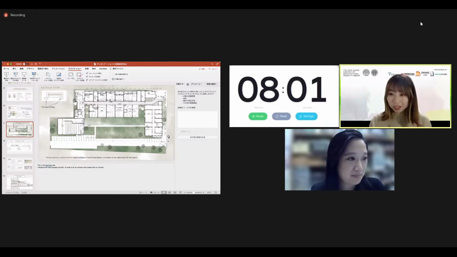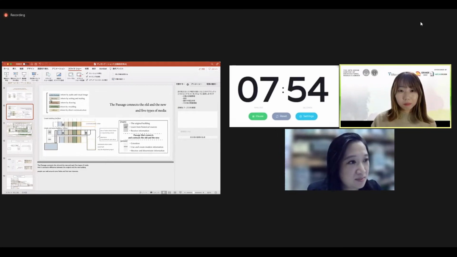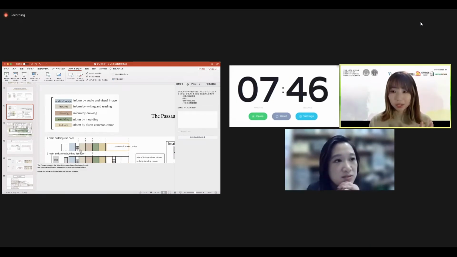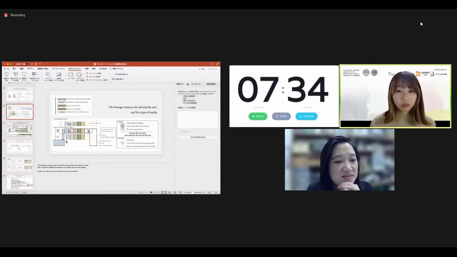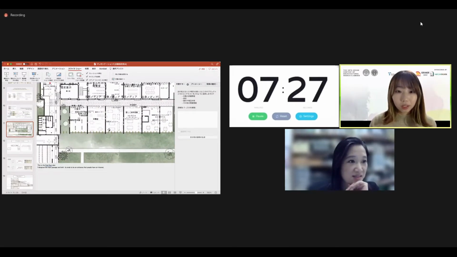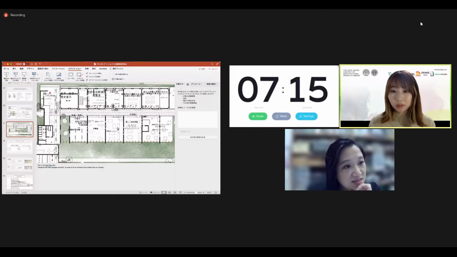Okay. First, the function. I think five types of media: audio, literature, drawing, molding, folklore, and in the new building, for example, a students gallery and making video.